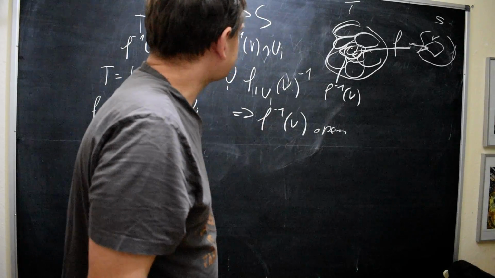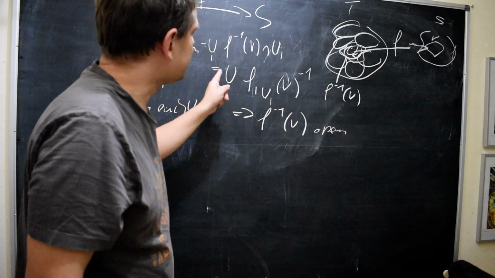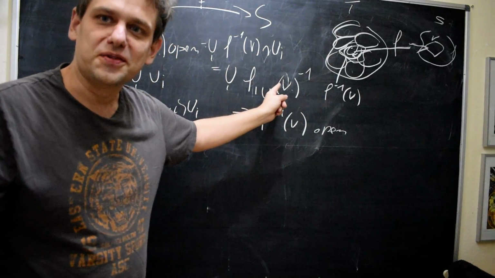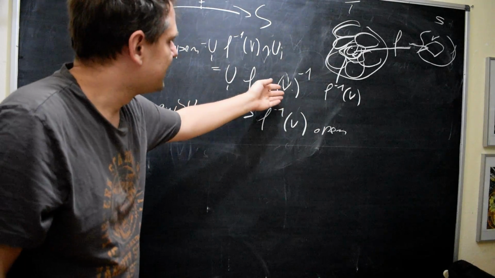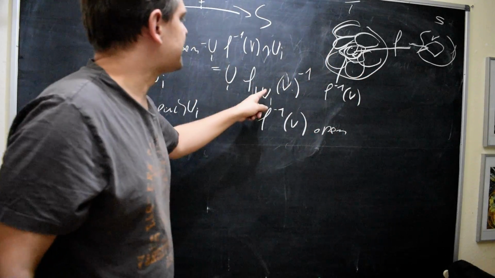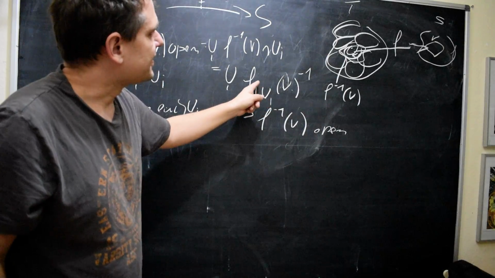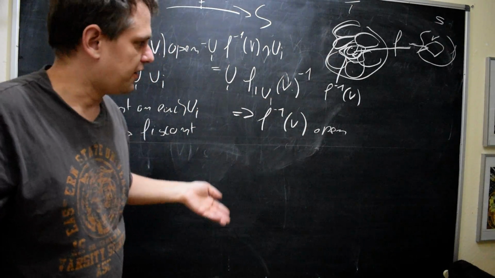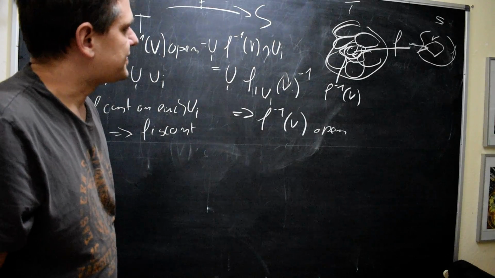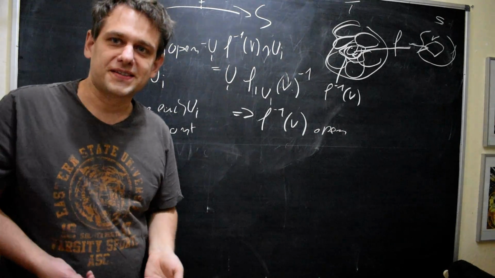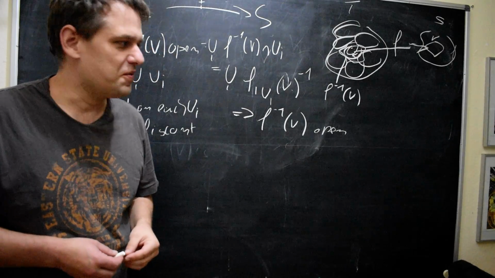Now this union is the same as this union, but this union is a union of open sets, because the pre-image of the open set V under these continuous maps is of course open by continuity on the open sets U_i, and this union is open because an arbitrary union of open sets is open.